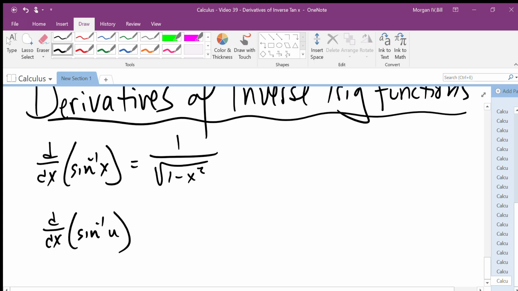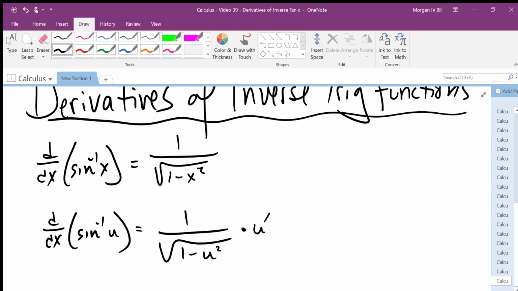Okay. The answer is it's the same thing. Because we're taking the derivative of u now as opposed to x, we then have to multiply it by du dx, or u prime, using the chain rule. So I'm going to write something that I'm going to erase. It's 1 over square root 1 minus u squared times u prime, according to the chain rule. But much like with the derivative of the natural log, instead of 1 over u times u prime, we rewrote that as u prime over u.